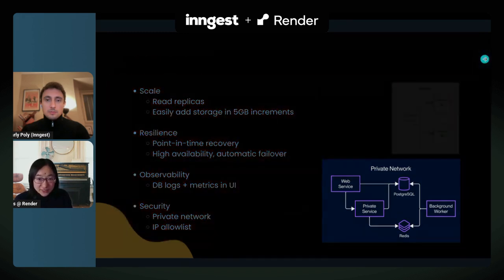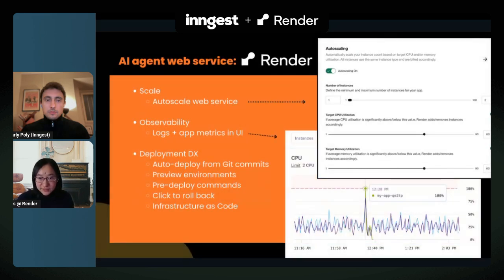So yeah, next let's talk about web services. Probably one of the most obvious things you will think about is, hey, scaling, right? How do I scale horizontally if I get a burst of traffic or something? Render makes it really easy to auto scale your web services. This is literally the configuration that you'll see in the UI.